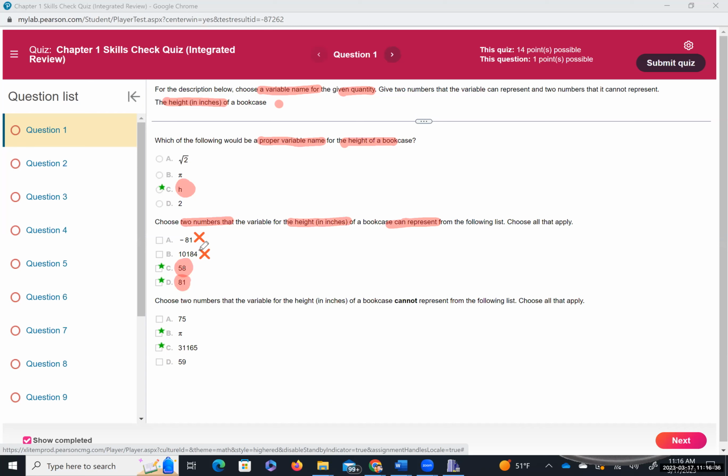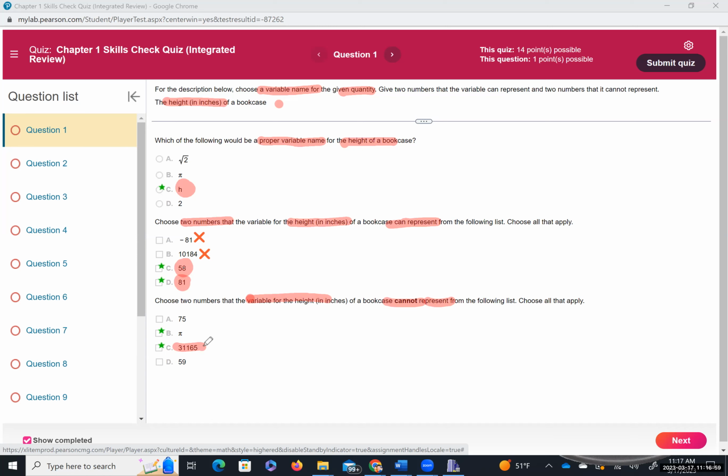The next column is talking about the cases that cannot represent the height in inches. I will say 31,000 is the correct one, the one that cannot represent it.